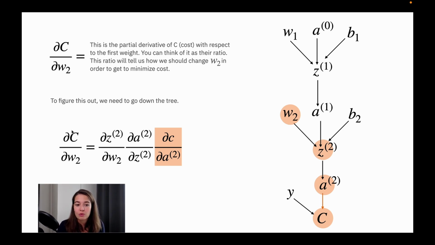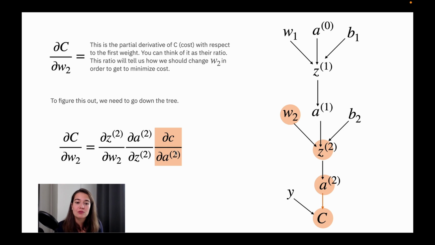We're not aware of what this would be. That's why we divide it into smaller chunks and calculate this one because they're closer and we know how they relate to each other, and then this one, and then this one, so that at the end we are able to get a value that tells us how the cost changes every time we change the weight 2.